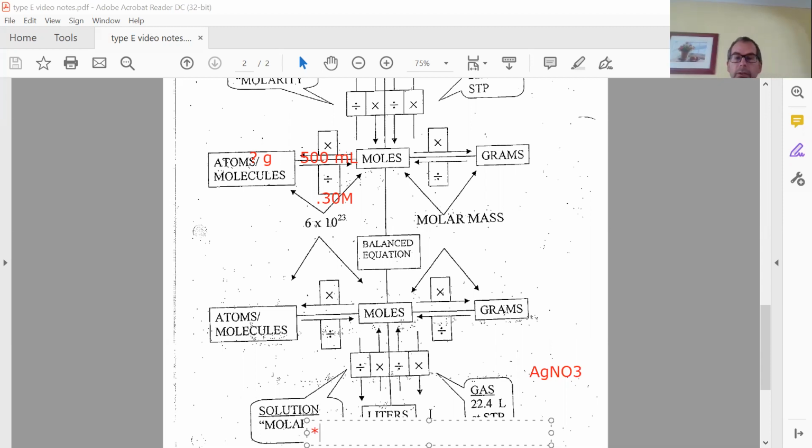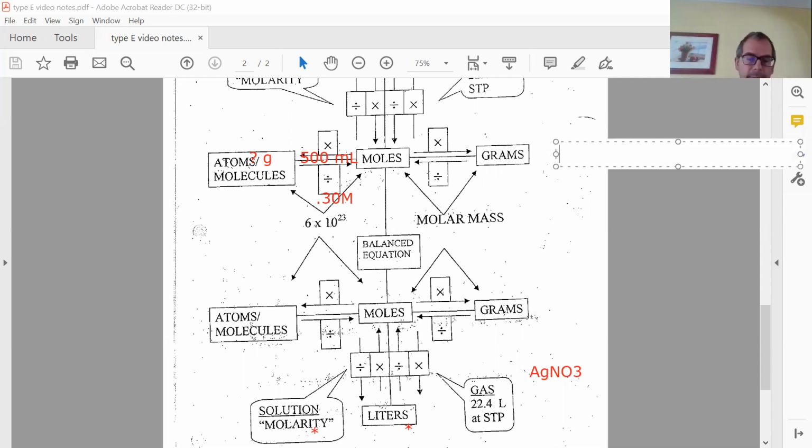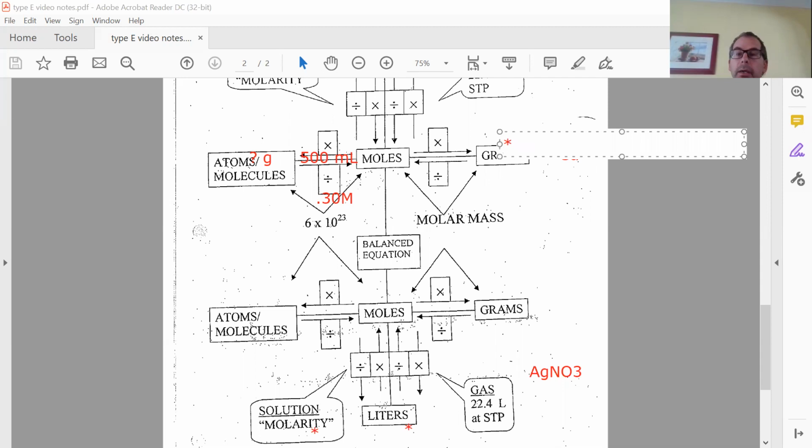And so if I know the liters and molarity, and we're asked to find grams, but it's not grams of silver nitrate, we're supposed to find the grams of copper. So I'm going to put a Cu up here and an asterisk right here. So I'm going to take my 500 milliliters, which would be 0.5 liters, and times it by my molarity, which is 0.3 molarity, to get to moles.